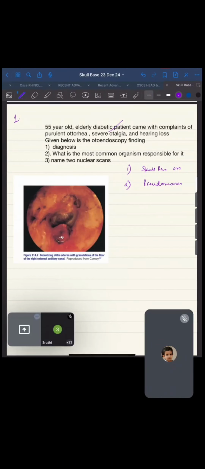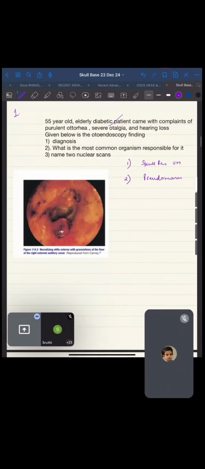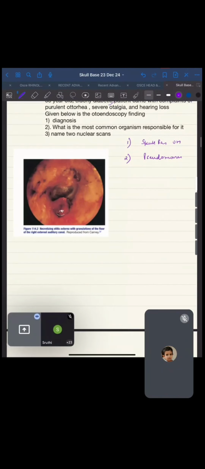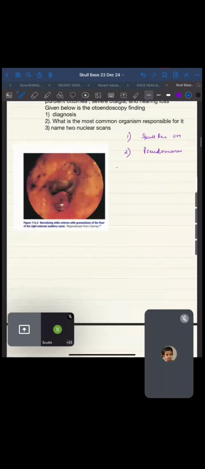Now over here, what all things extra are there? There are a few scans which you should know about. I'll just go about them in brief; otherwise, you can refer to Scott Brown, which mentions everything in detail. The first is the technetium 99 scan. Here there are 2-3 points you have to remember: this is 100% sensitive.